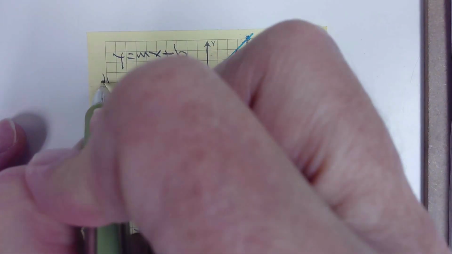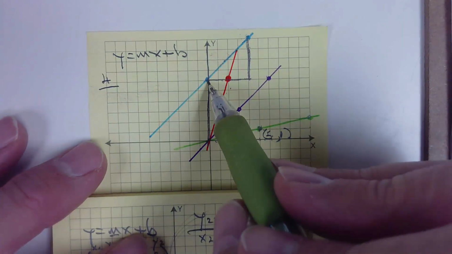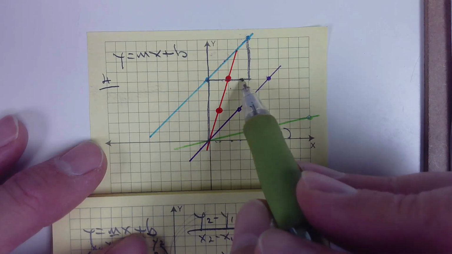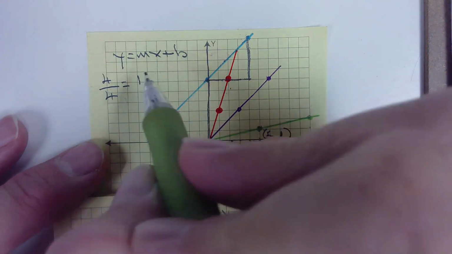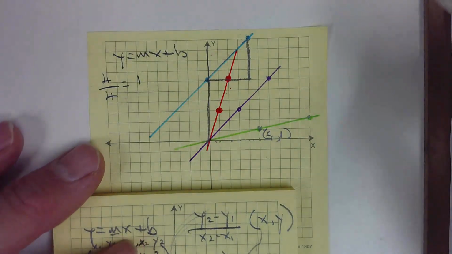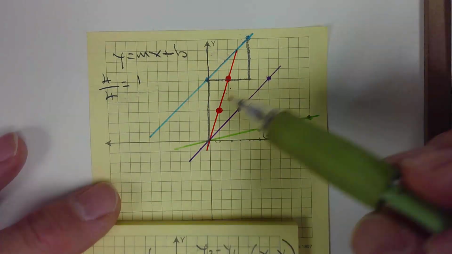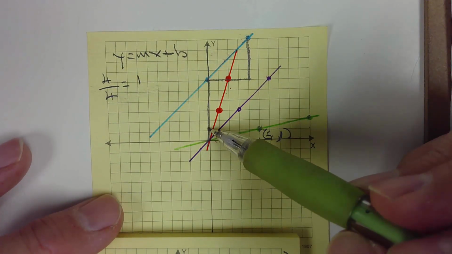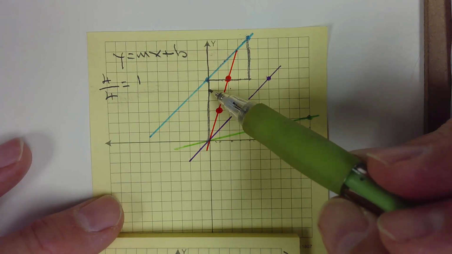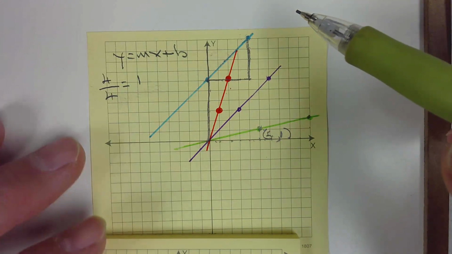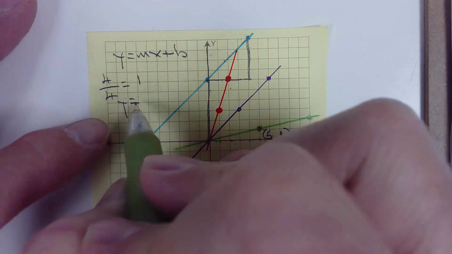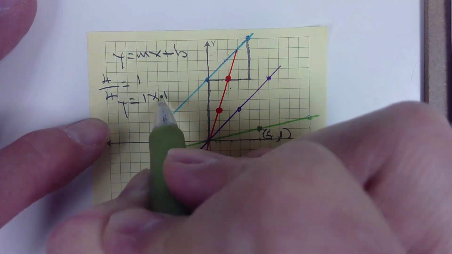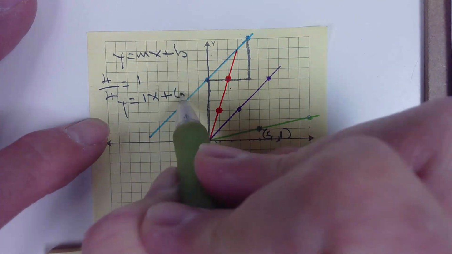So I'll just do 4 over, what's the run? 1, 2, 3, 4. So what's the slope? 1. Okay. What's the y-intercept? Here's 0. 1, 2, 3, 4, 5, 6. So I could write this equation as y equals 1x plus, what was it? 6.